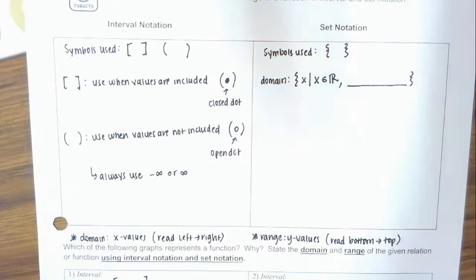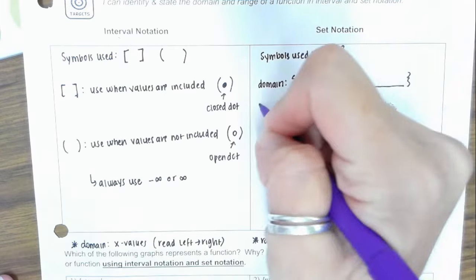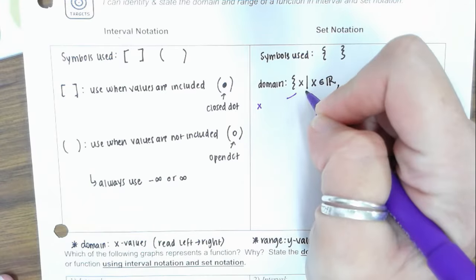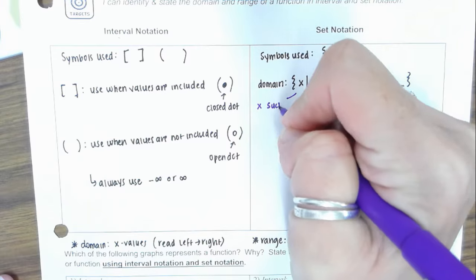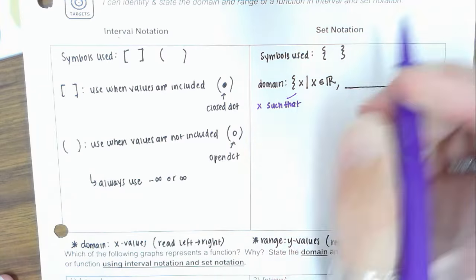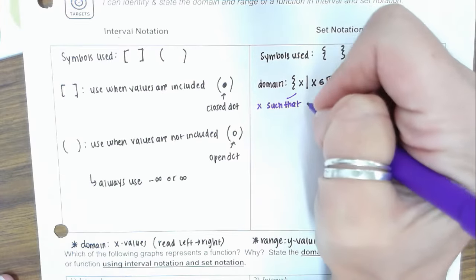So the way that this is read: X, and then that vertical bar says such that. And this part just says X is an element of the real numbers.